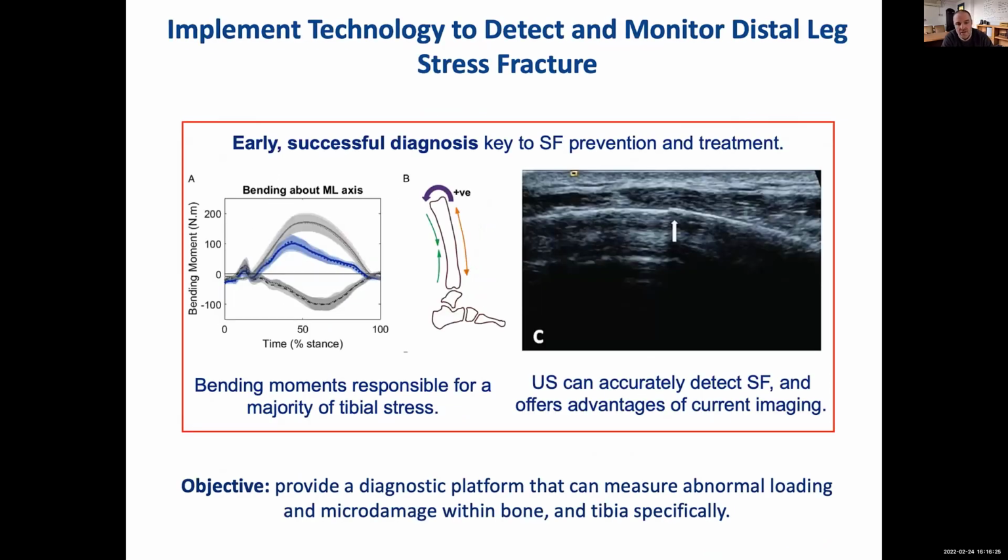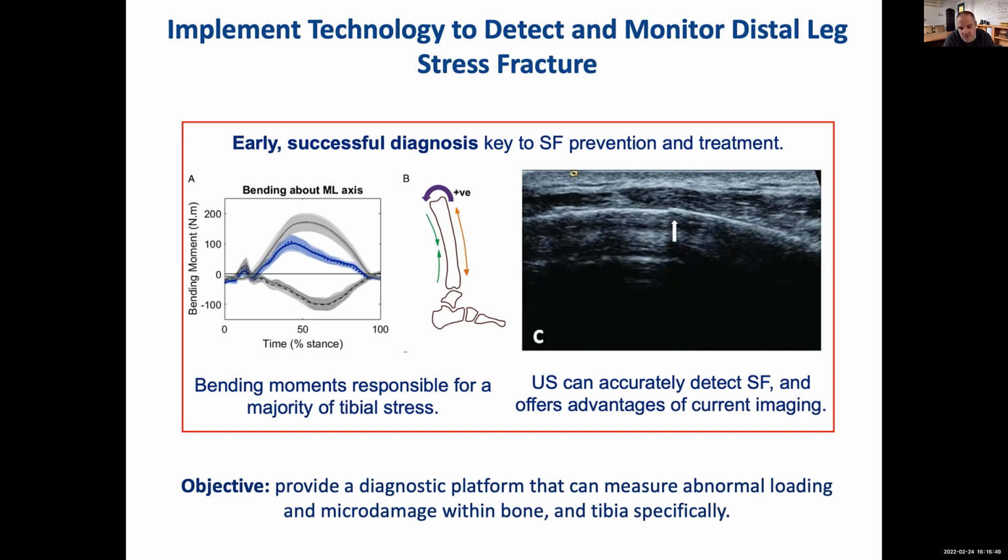Another one is trying to develop a diagnostic platform to basically detect and monitor stress fracture. Specifically, we're initially looking at tibial stress fracture, because we know that early successful diagnosis is key to preventing the development of fractures.